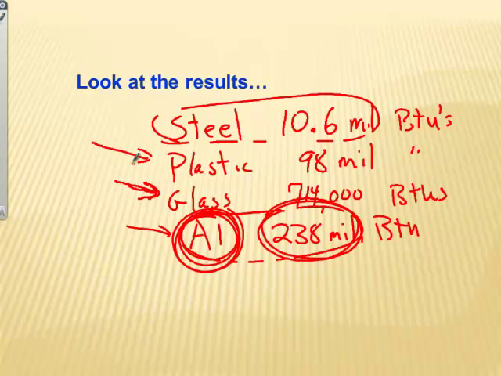Plastics could have the value because it's 98 million BTUs per ton, but a ton of plastic is just so much plastic. And there's all the sorting and all of the hand labor. It's very difficult. So the two which you get the most value from are steel and aluminum. Therefore, they are the most recycled.